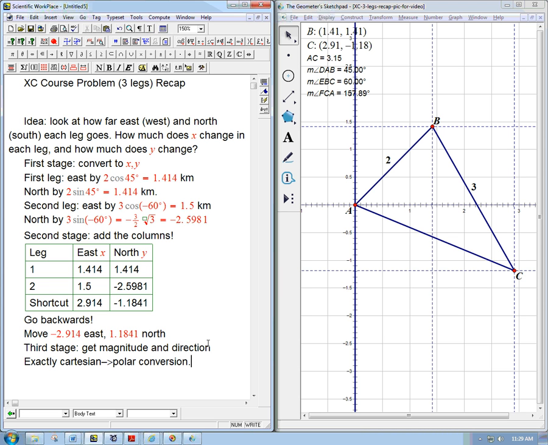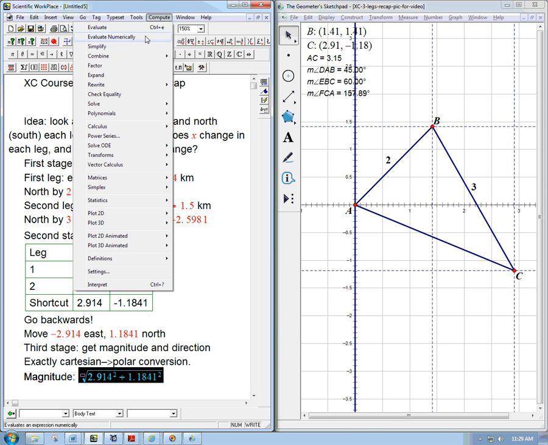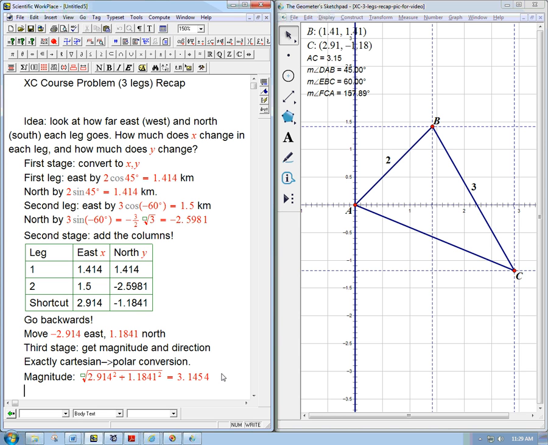The magnitude, that's just going to be the square root of 2.914 squared plus 1.1841 squared. We'll have it do that for us. And that's what we got.